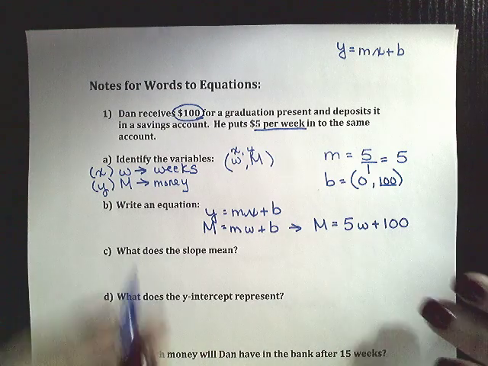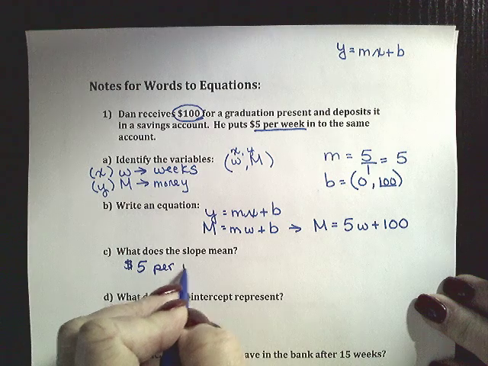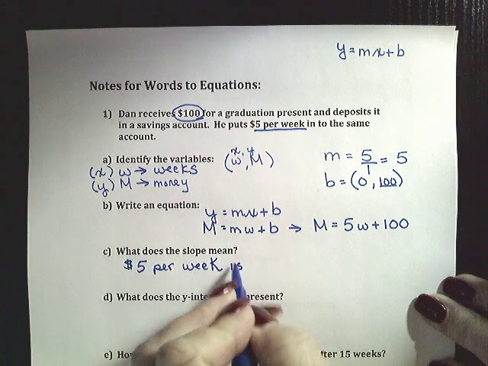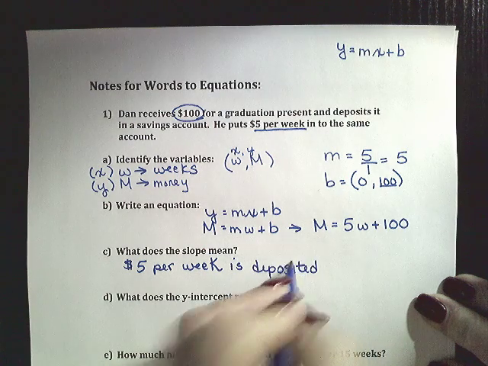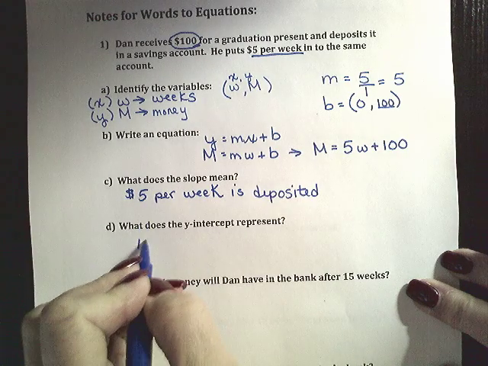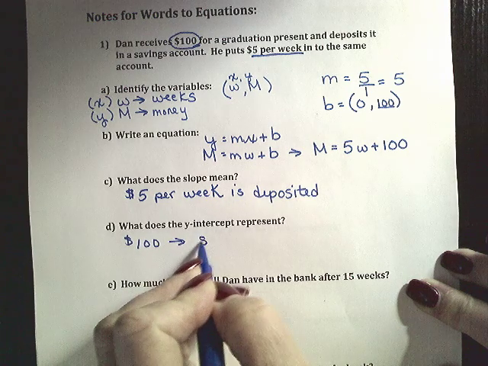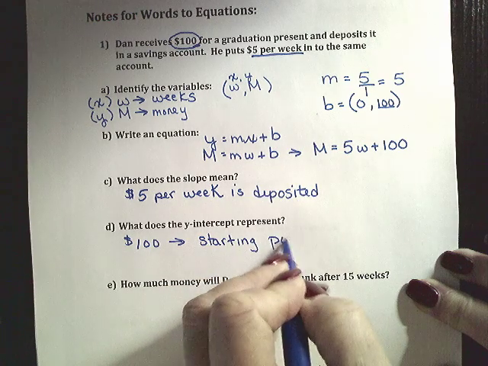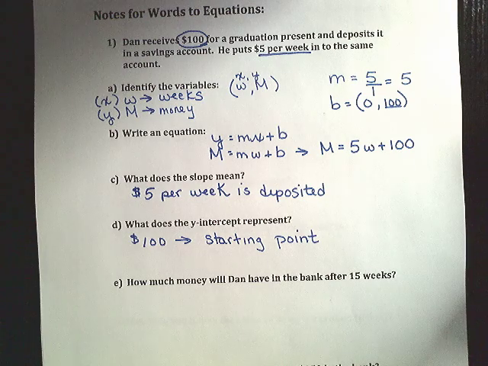That slope means that $5 per week is deposited. What does that y-intercept mean? What does that $100 mean? That is the starting point, the initial amount of money deposited.